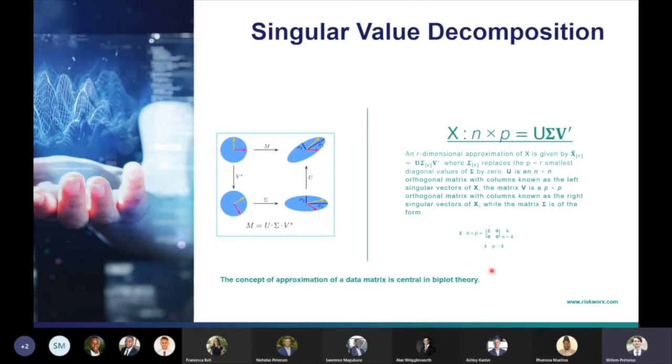The diagonal entries of the sigma matrix are what is known as the singular values of X, and when you square those, you get the eigenvalues. The number of non-zero singular values is equal to the rank or dimension of X. The concept of approximation of a data matrix is the central theory in plotting biplots.